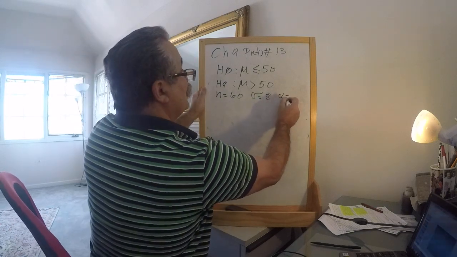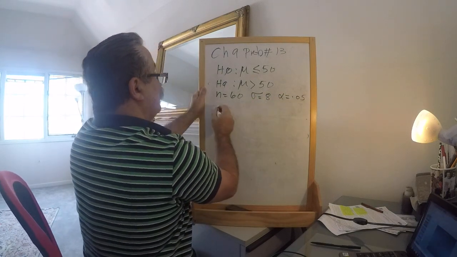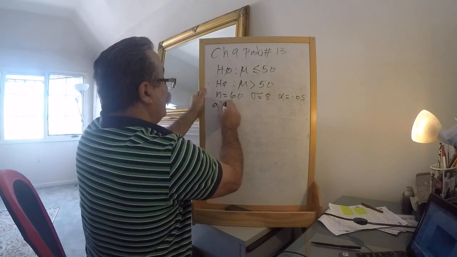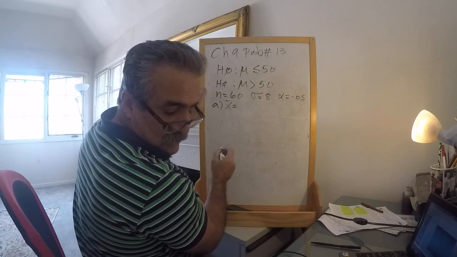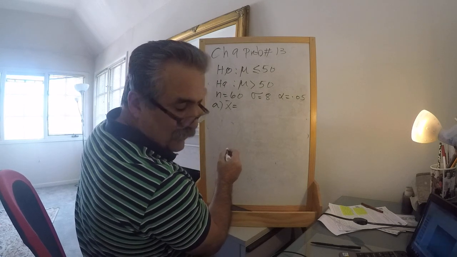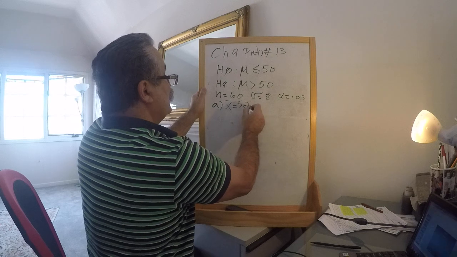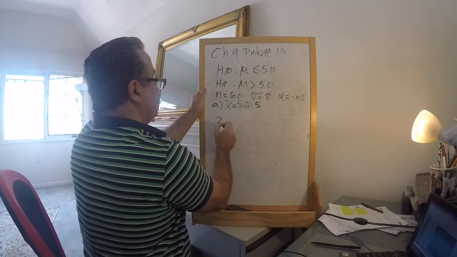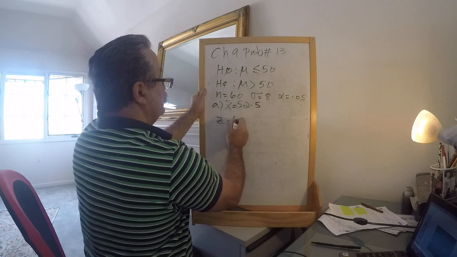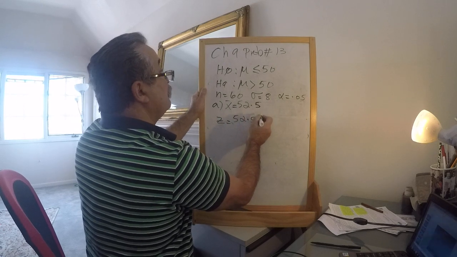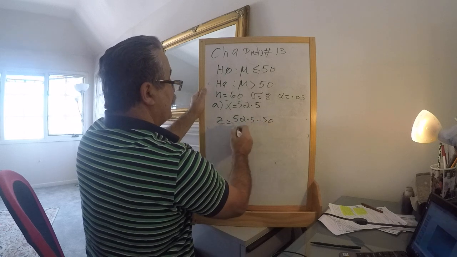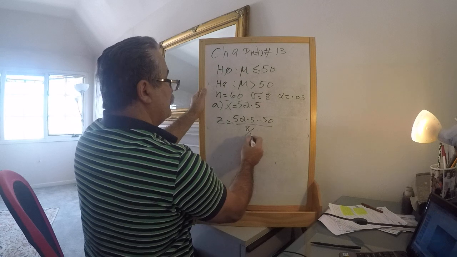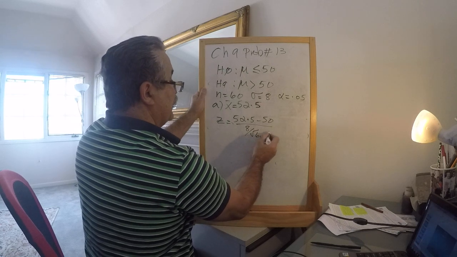So alpha equal to 0.05. For part A, they say x bar equal to 52.5. Now z is equal to 52.5 minus 50 divided by sigma, which is 8, over square root of n, which is 60.